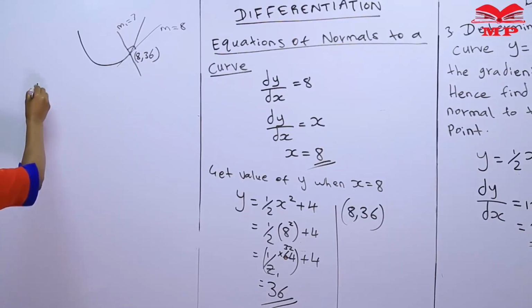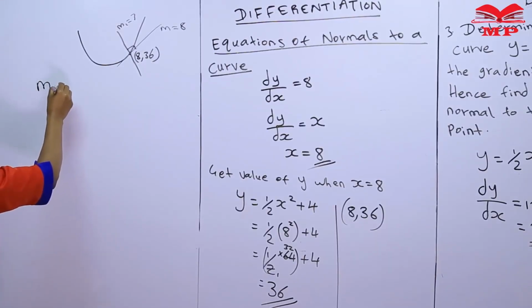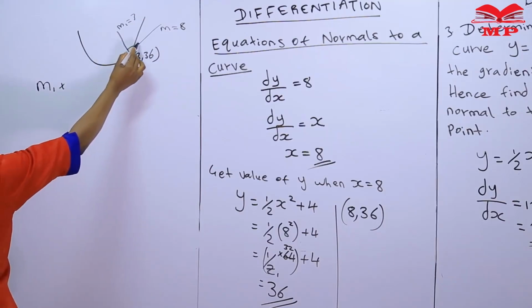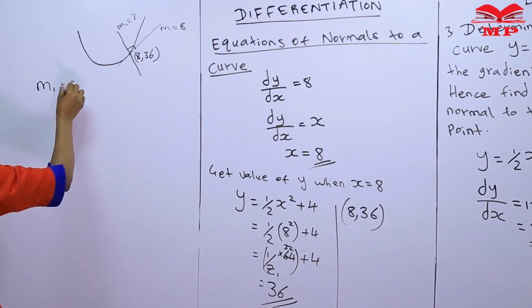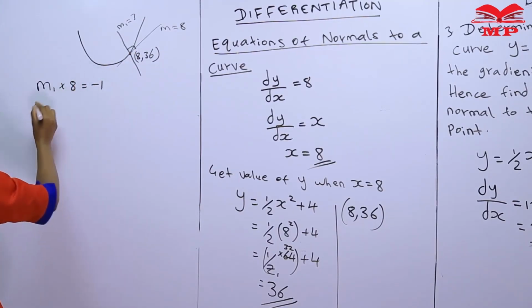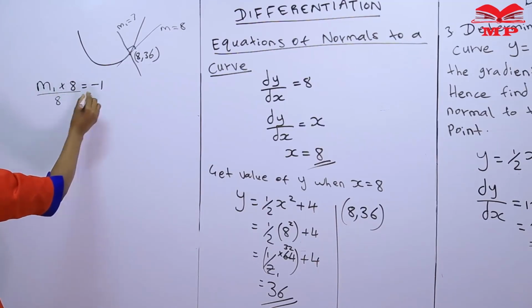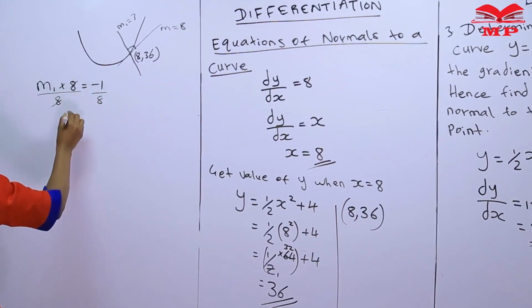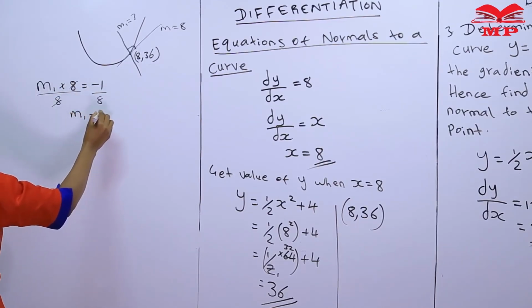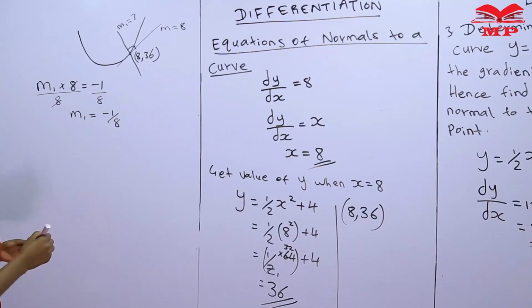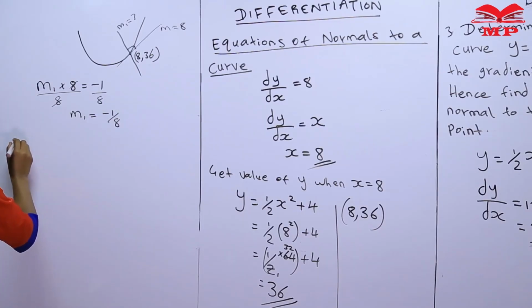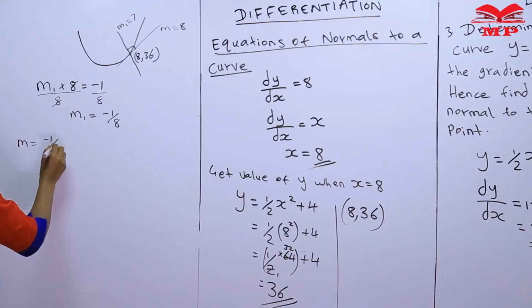We know for perpendicular lines, m1 multiplied by the gradient of the tangent, which is 8, should give us -1. So we divide by 8. So the gradient of the normal is -1/8.